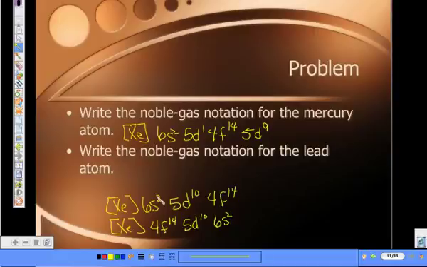So we have to fill from 57, go in order to 58, all the way to 71, and then go back to 72. F is down here, these two. What's right down here? Oh, this would be 5F right here. This is 4F. This is 5F.